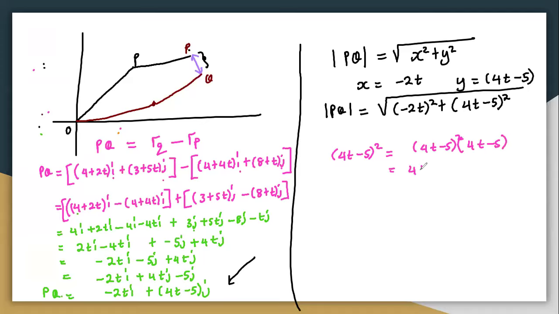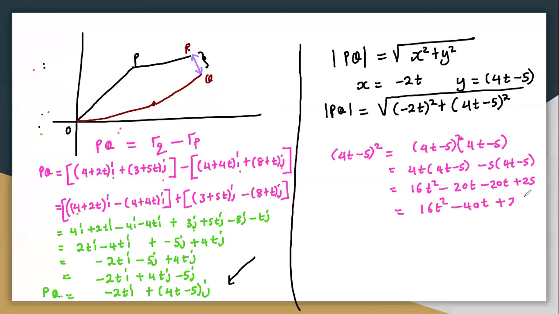Then you open slowly: this is 16t squared minus 4 times the other one, which is 20t, minus 20t plus 25. Then you say this will give me 16t squared minus 40t plus 25. But in case you know how to do it quickly, it is very okay.